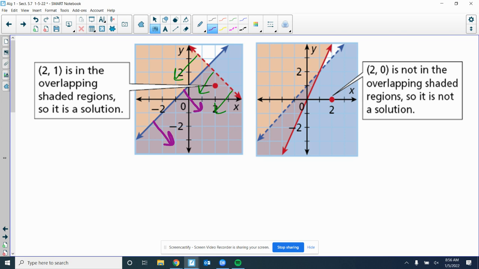So here's what we have to decide when we do these graphs today. What area on the graph is below the red line and the blue line? Do you see how it's kind of the light purple there? This would be our solution. Just that. Because it's got to be true in both cases.